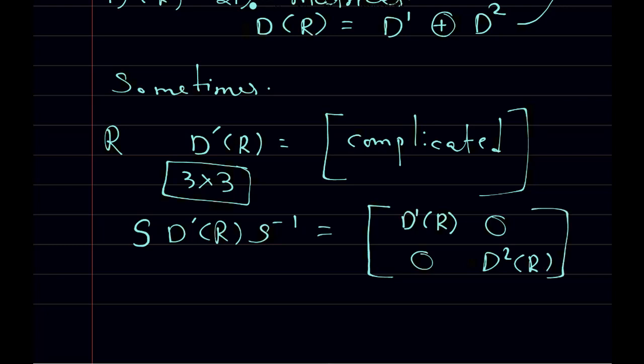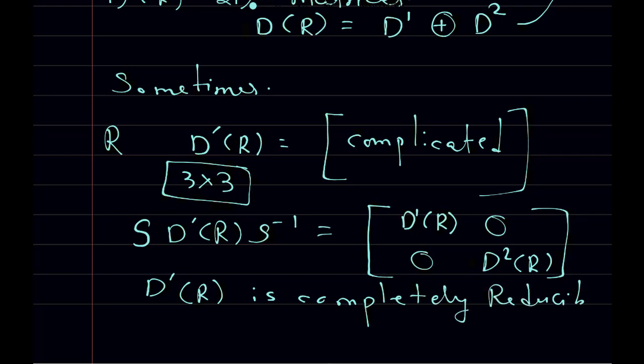Then I say that, okay, since I was able to find such a similarity transformation that formed a simplified matrix of this form, which is diagonal, I say that d prime R is completely reducible.